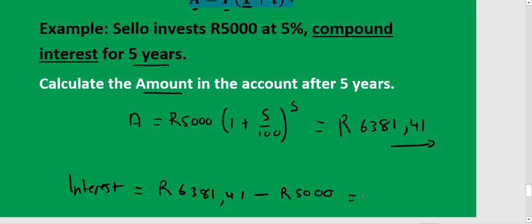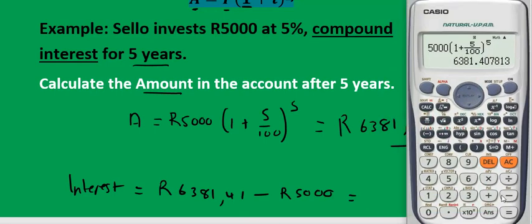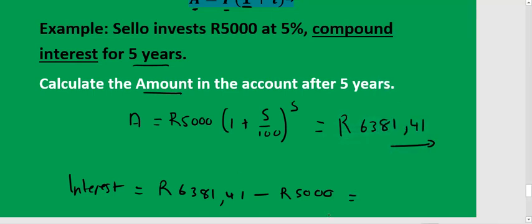So if you minus the 5,000, he received 1,381 and 41 cents interest.